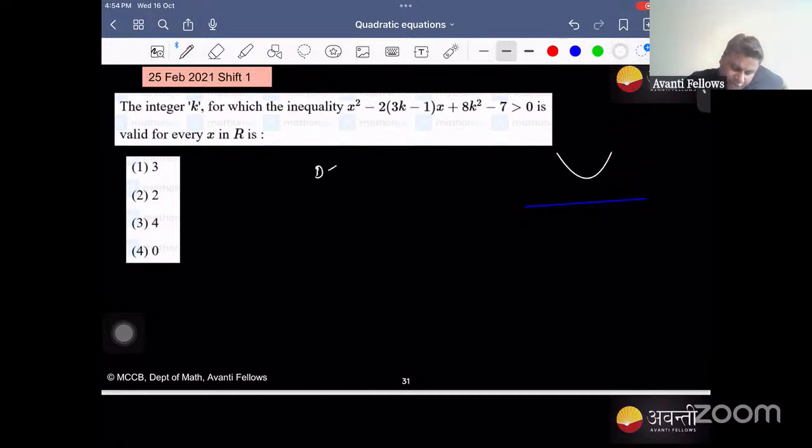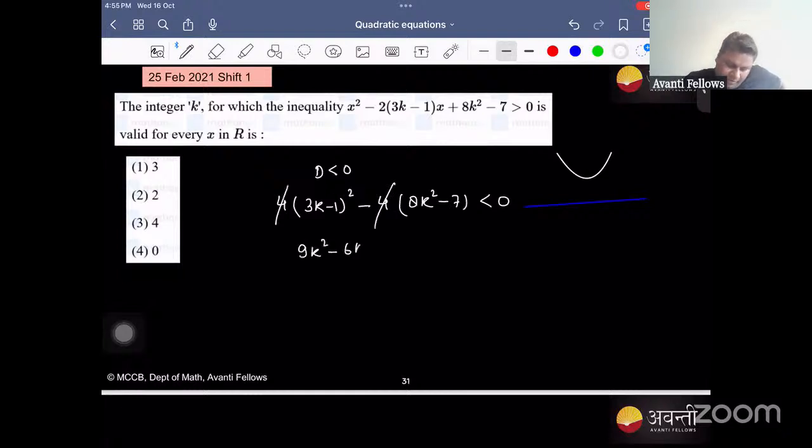Means its d should be less than 0. So 4 times of 3k minus 1 whole square minus 4 times a is 1, c is 8k square minus 7. It should be less than 0. 4 cancel. 9k square minus 6k plus 1 minus of 8k square minus 7 should be less than 0.